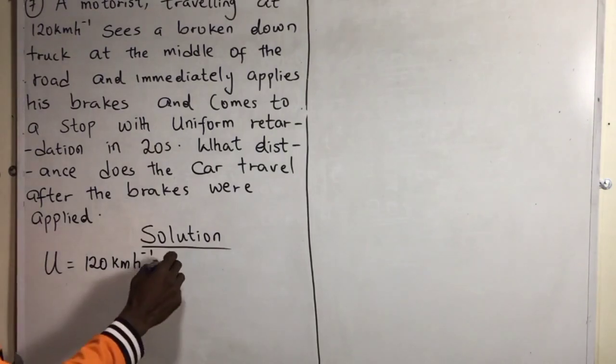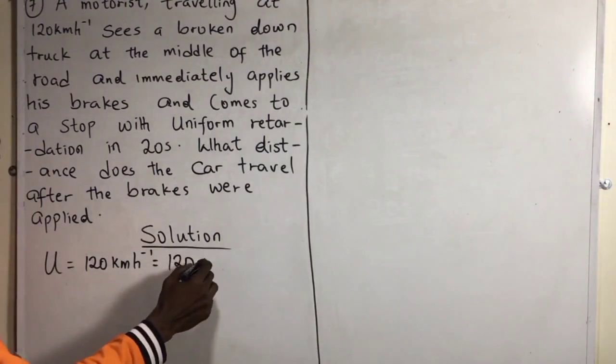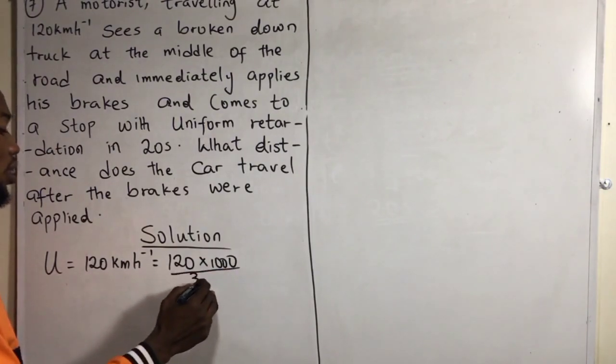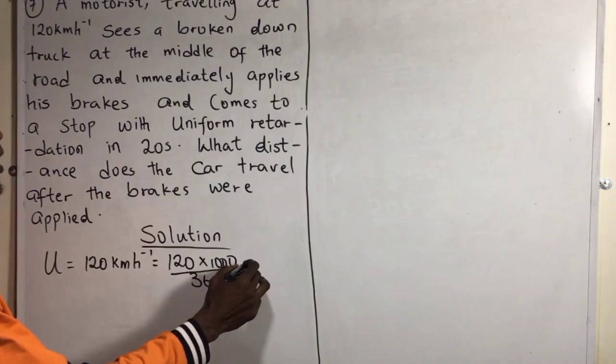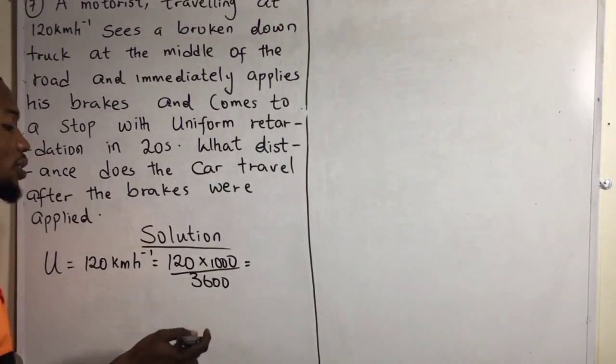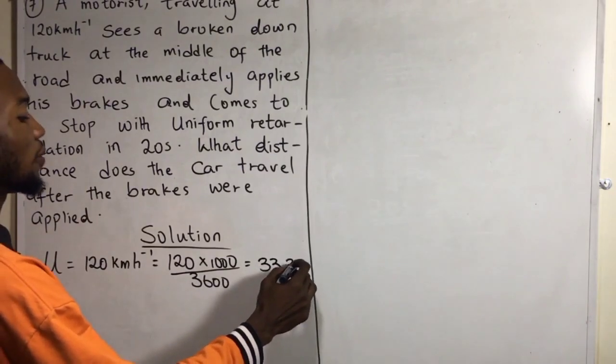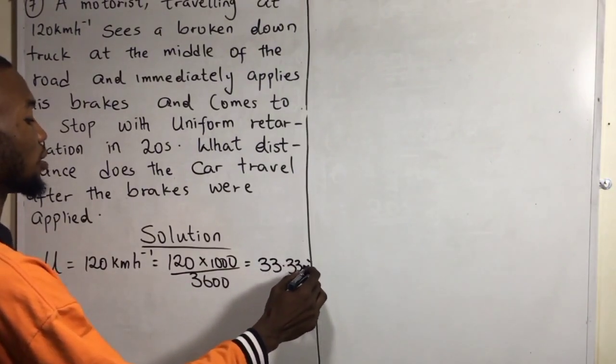We have 120 to meters per second. We have 120 multiplied by 1000 over 3600, and after we resolve everything, we are going to have 33.33 meters per second.